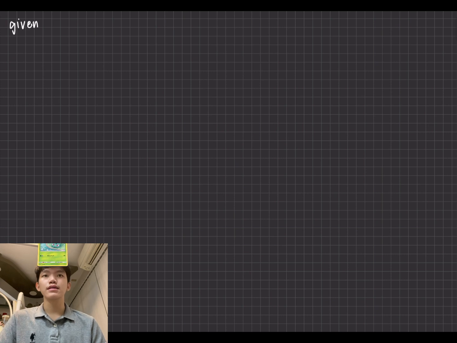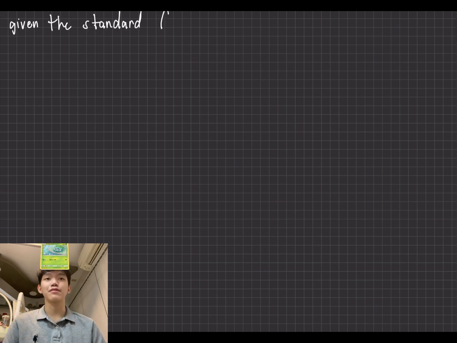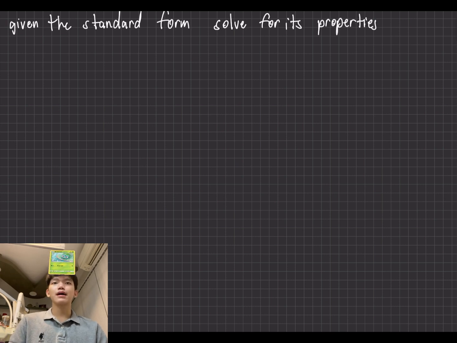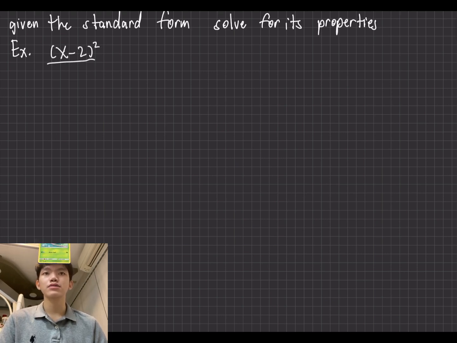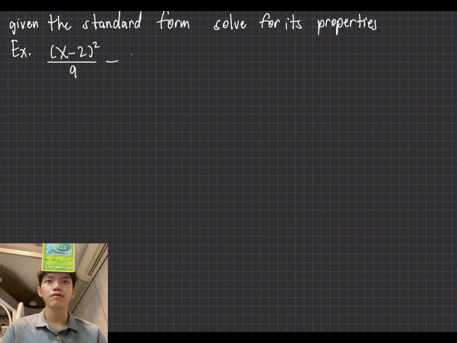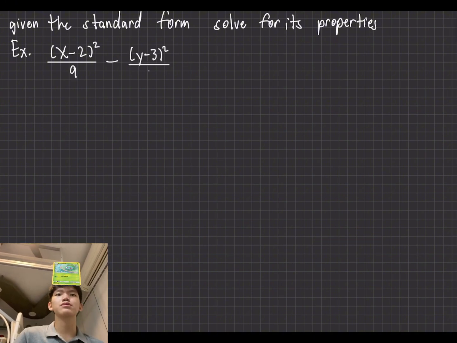So now, given the properties and the standard form, we will solve for its properties. The example is the quantity x minus 2 squared over 9 minus quantity y minus 3 squared over 16 is equal to 1.